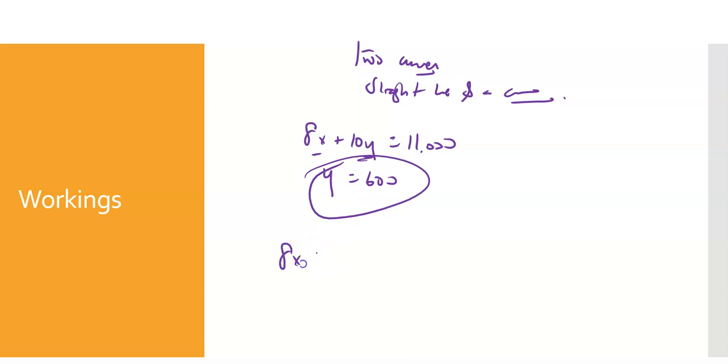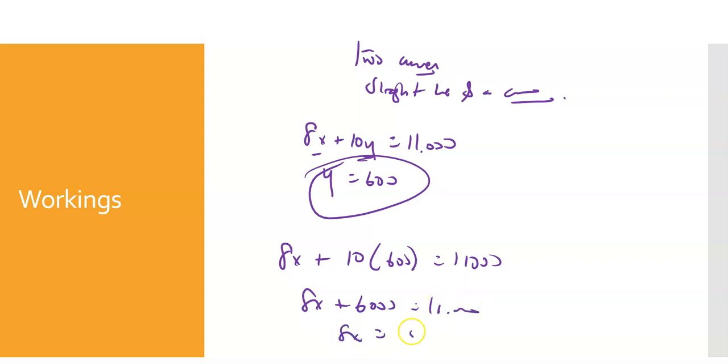So 8x plus 10 times 600 is equal to 11,000. So 8x plus 6,000 is equal to 11,000, and 8x is equal to 5,000, as in 11,000 minus 6,000. So if 8x is equal to 5,000, x is equal to 5,000 divided by 8.